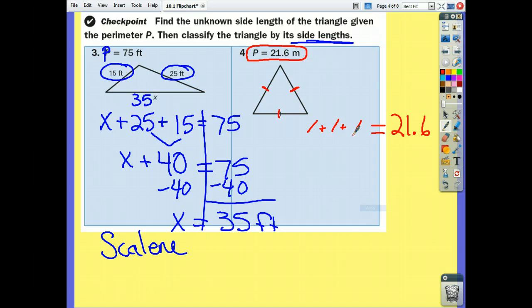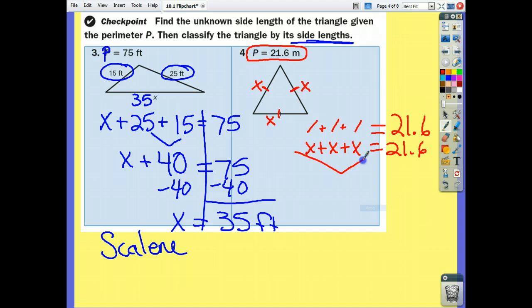What do I do? 3x. Okay, before you got to that, what did you do? Because that's correct. He said 3 x's. So they're all equal, so each side is an x. So instead of dash plus dash plus dash, it's going to be x plus x plus x equals 21.6.